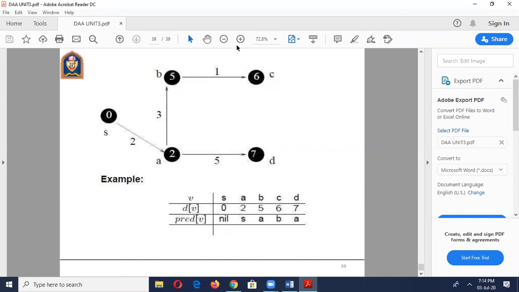Here we note the final table for S, A, B, C, D. dV is 0 for S, 2 for A, 5 for B, 6 for C, and 7 for D. The pre-order value for S is null, for A is S, for B is A, for C is B, and for D is A.